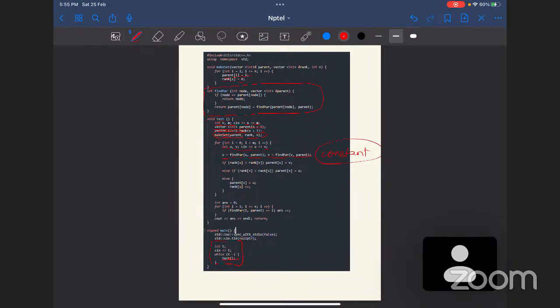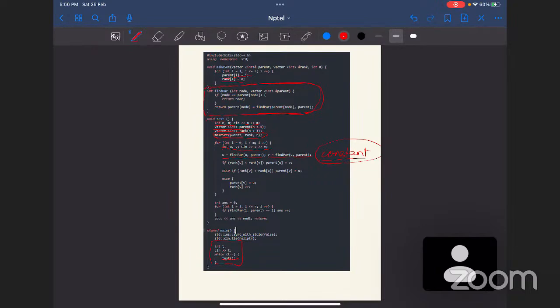If I start to explain why it is constant, this lecture would become very long, so I will not do that. But you just need to remember that the time taken to find the parent of a vertex is constant. So this is the function by which we are finding the parent of a vertex.